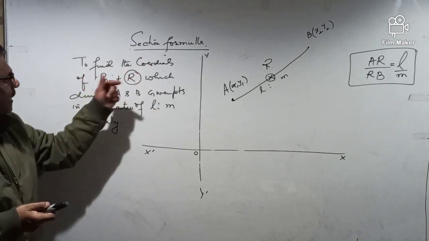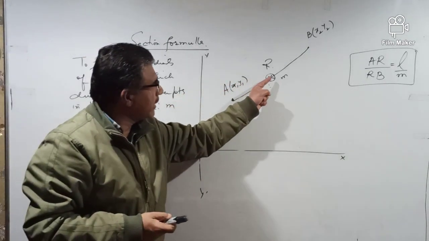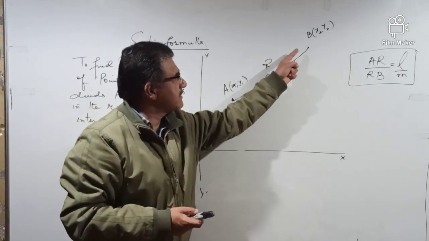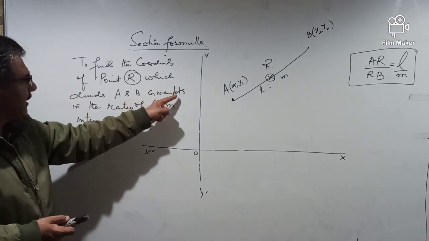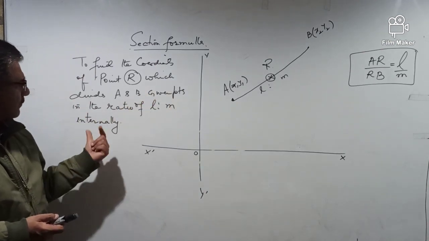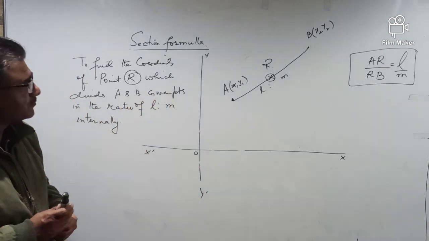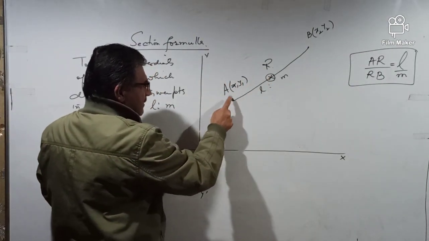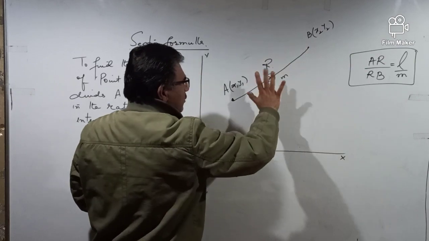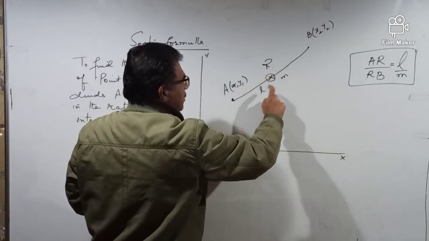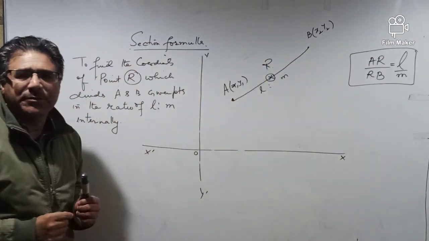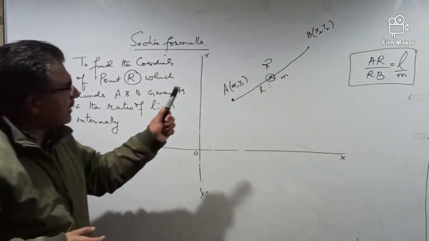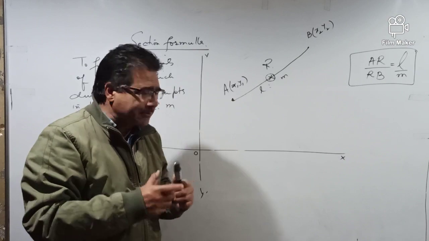R is not given, but R divides AB in the ratio of L is to M. That means AR divided by RB is equal to L by M. But R divides AB internally, which means R is in between A and B somewhere.